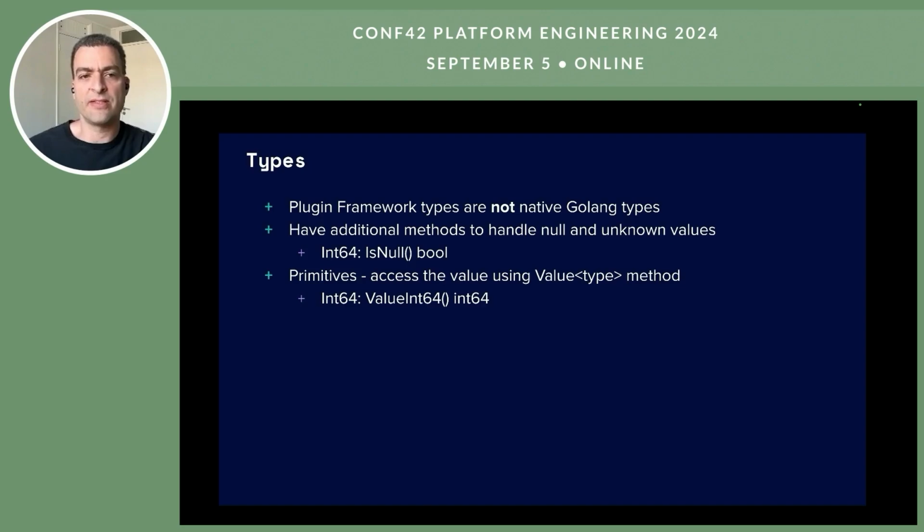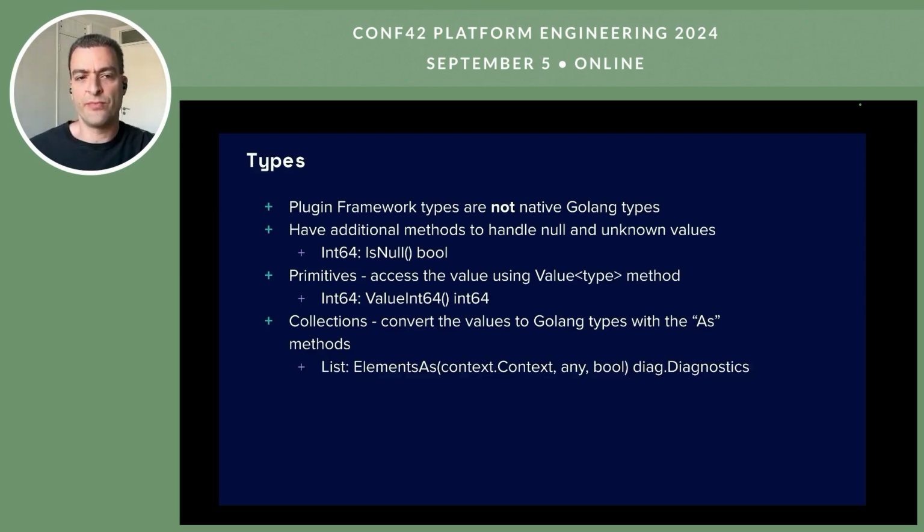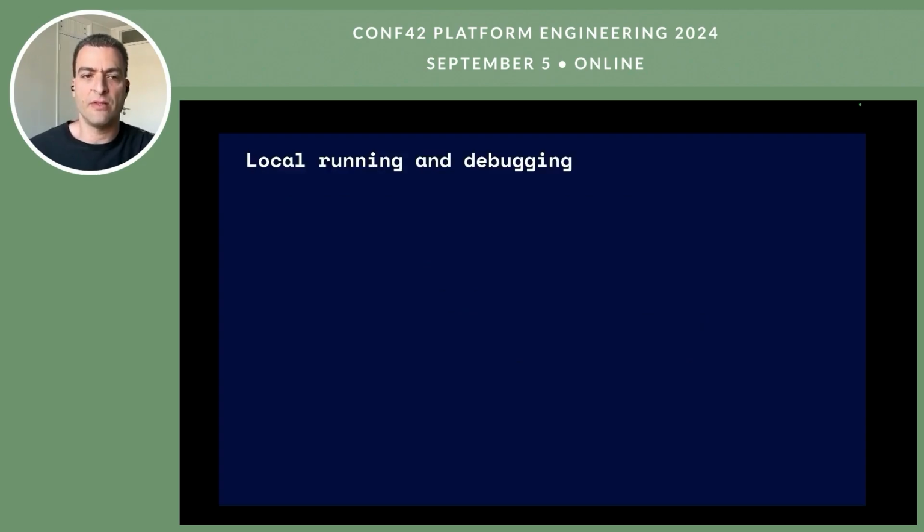For example, the int64 has a method called ValueInt64 that returns a native Golang int64. Collections are converted into Golang types with the As methods. For example, for a list, you can grab the elements of a list as native Golang types with ElementsAs, and then cast them into a slice or array of strings that you need.